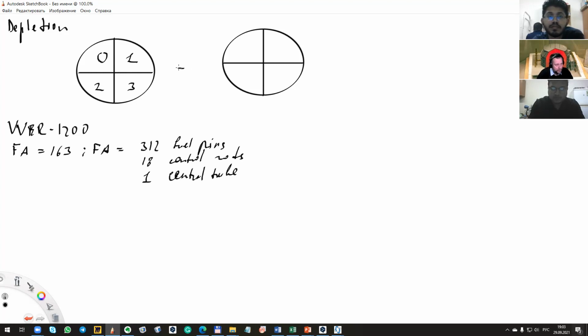After one cycle of burnout, as usual the duration of the cycle is 1 year. But in recent times they try to increase the length of the cycle, maybe 1.5 years or 2 years.